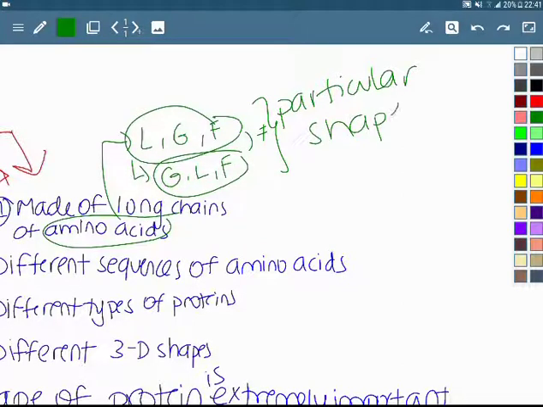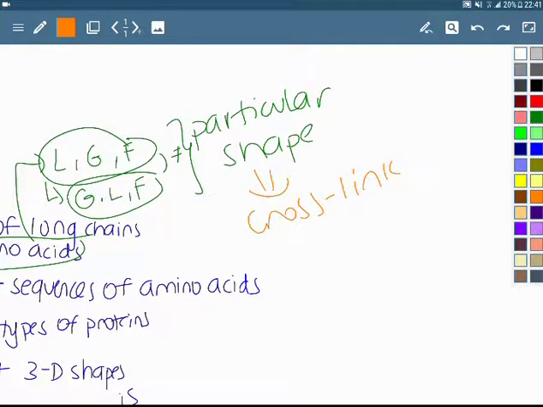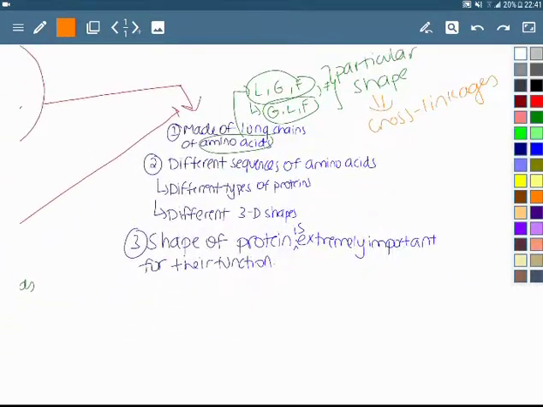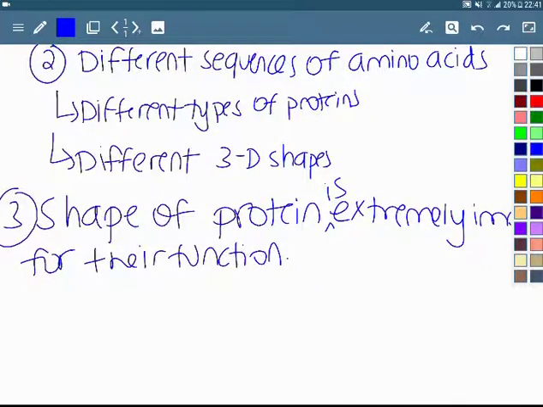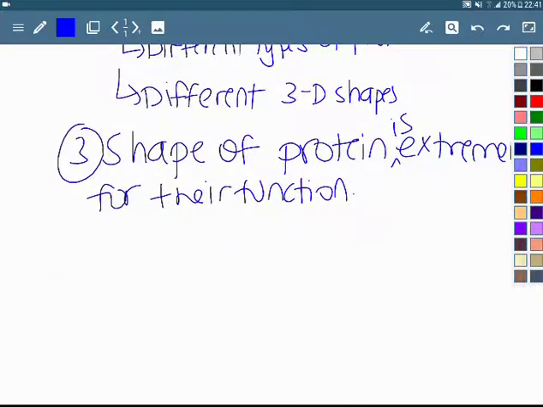Because of cross linkages. Okay, these are because of cross linkages between them. Now, shape of protein is extremely important for their function. Okay, the shape and structure of protein.